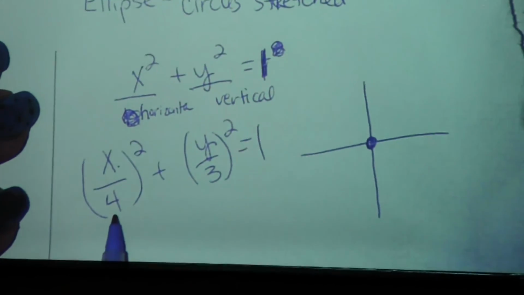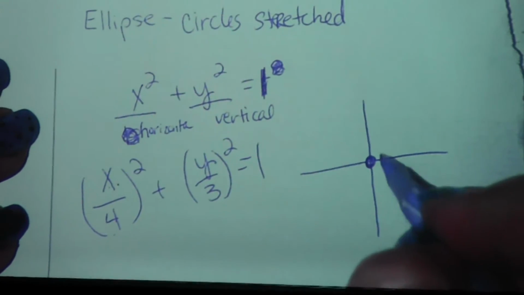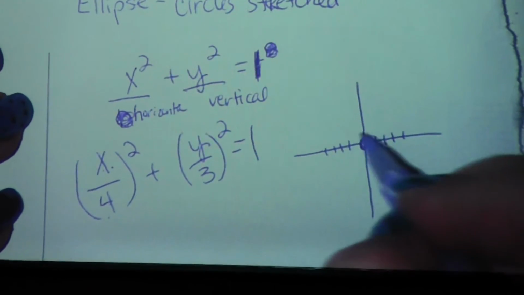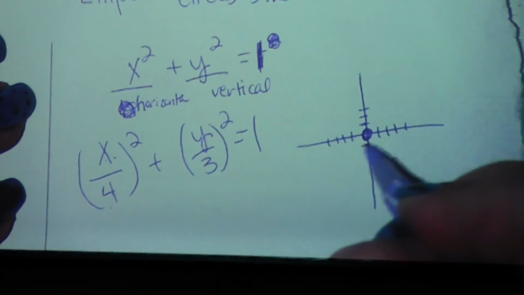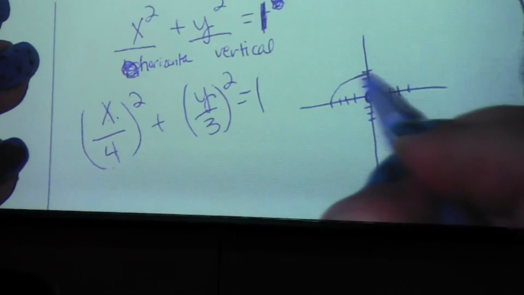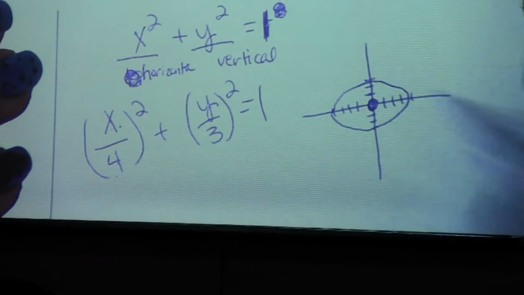We're going to go 4 each direction on the x-axis because under the x's are 4. So we went out 1, 2, 3, 4, 1, 2, 3, 4. And then we're going to go up and down 3 in each of our vertical directions. And then we just connect those points to get our eyeball looking ellipse there.